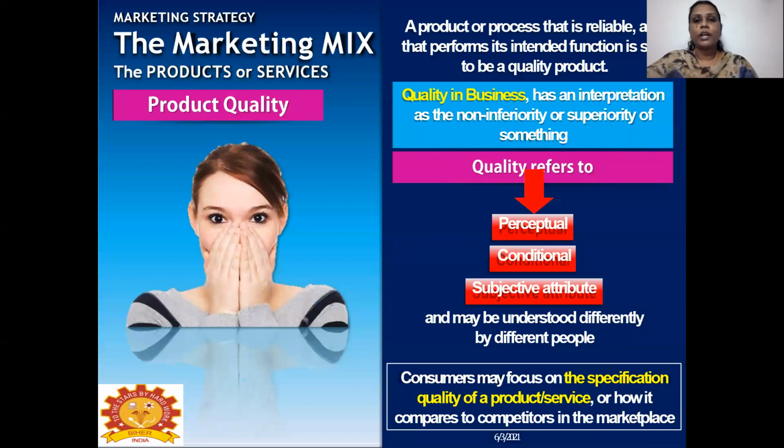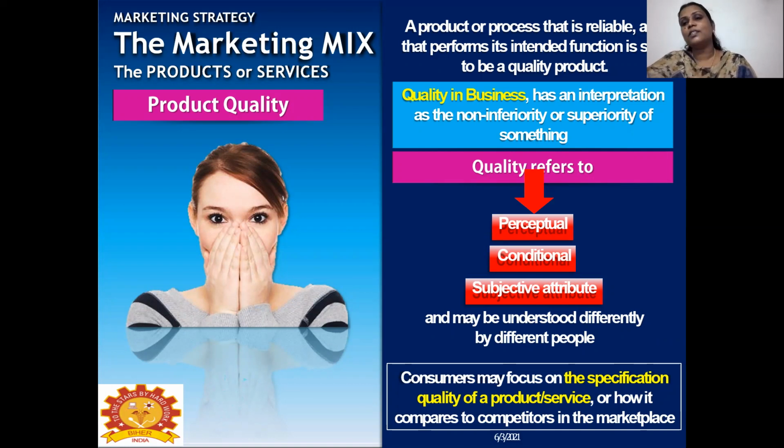Then we have the product quality. Quality is very, very important while developing a product or process that is reliable and that performs the intended function is said to be a quality product. If you fail in that, then it is a miserable failure for your total marketing mix. So quality refers to the perceptual quality, the conditional quality, and the subjective attributes.